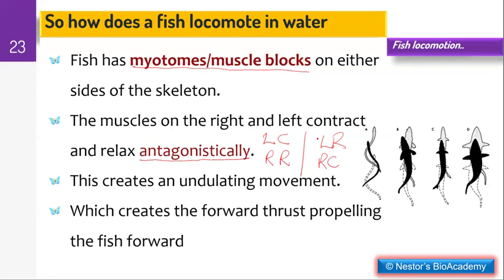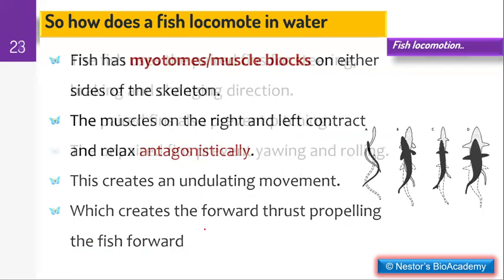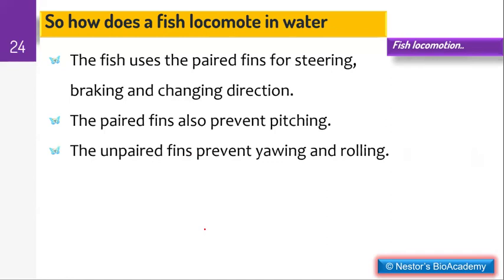Whenever they contract and relax in an antagonistic way, this is going to create undulating movement like what you can see with these illustrations. And this undulating movement creates a forward thrust that propels the fish forward. So this enables the fish to move forward in water. And then the fish will be using the paired fins for steering, braking, and changing direction.